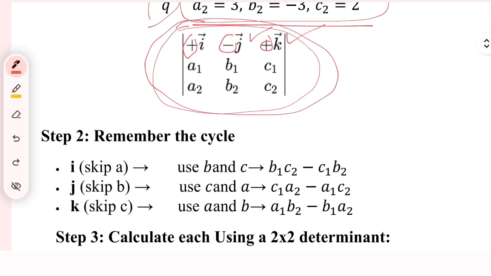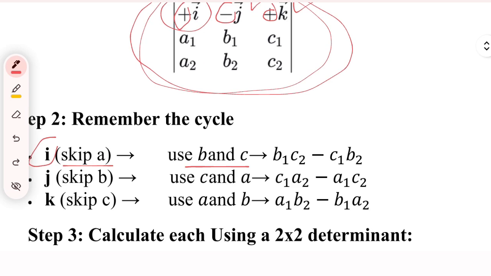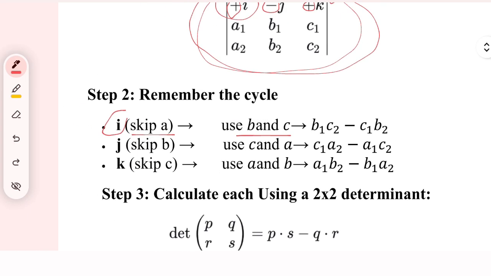First, to solve for I, we skip everything that's below I. That means we will skip A, and we will only use B and C. That means we will only use B1, C2, and C1, B2.